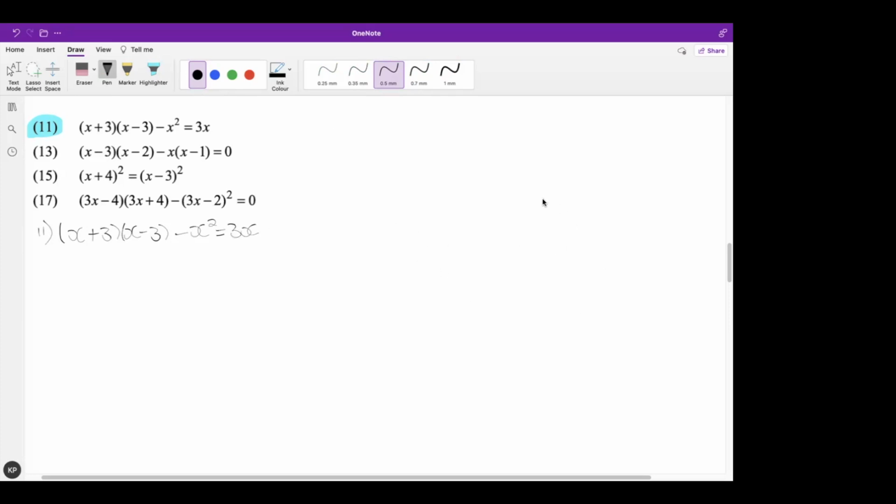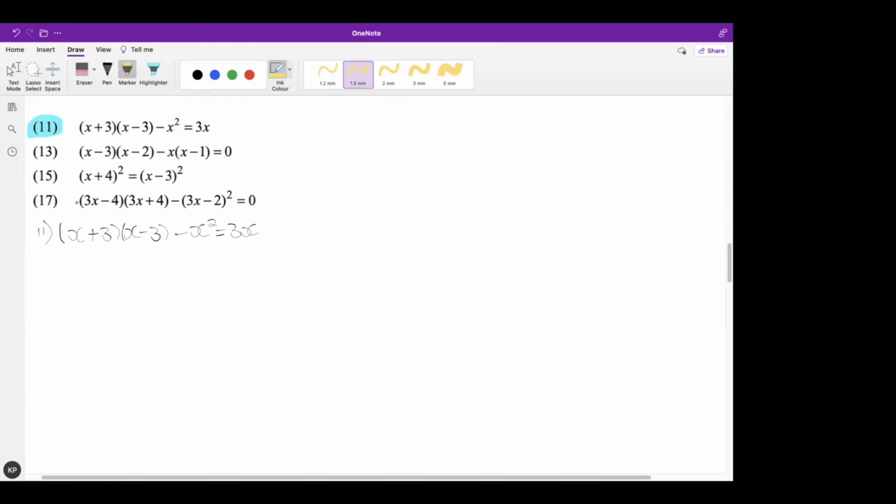No, we are not. Thank you, Alice. We are not, okay? Because we cannot make these equal to anything because currently there is no 0 there and we have an x squared that is on its own. So what is my solution here? How are we going to work this out? We cannot use factors, so we have to times it out.